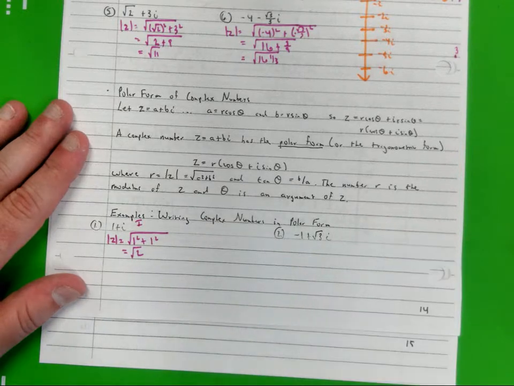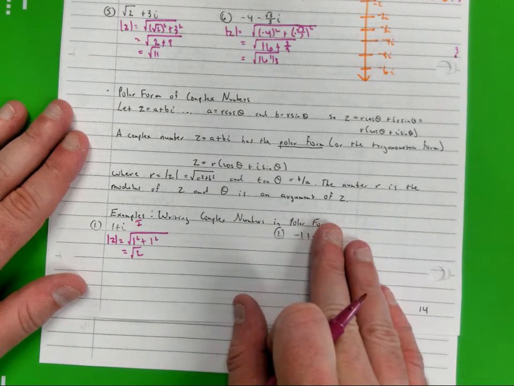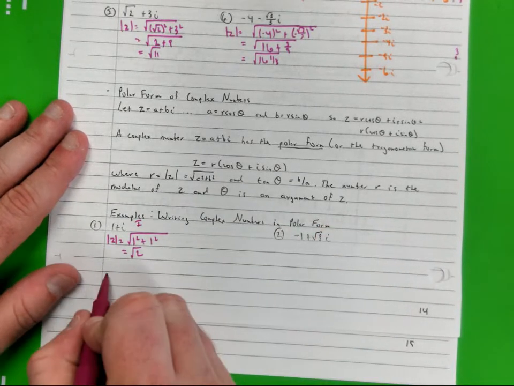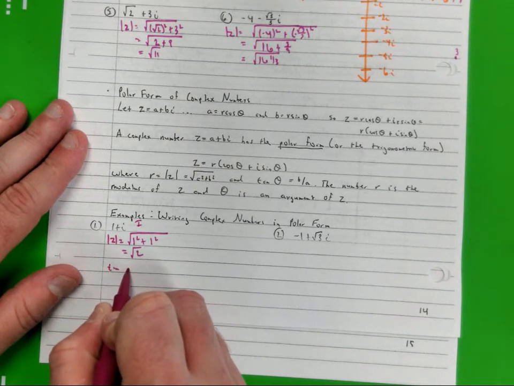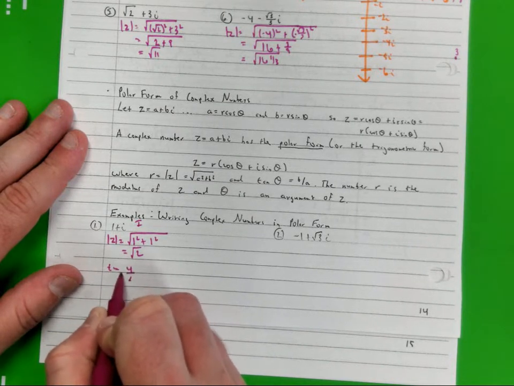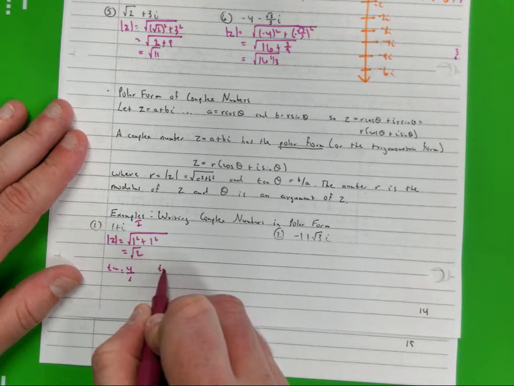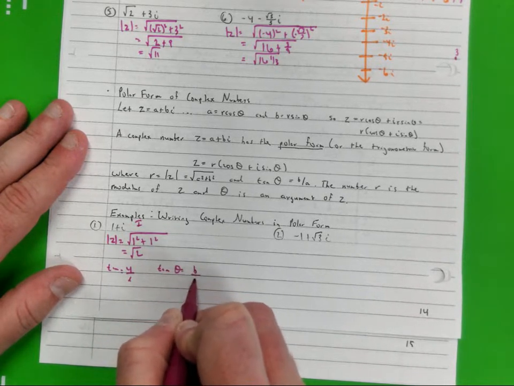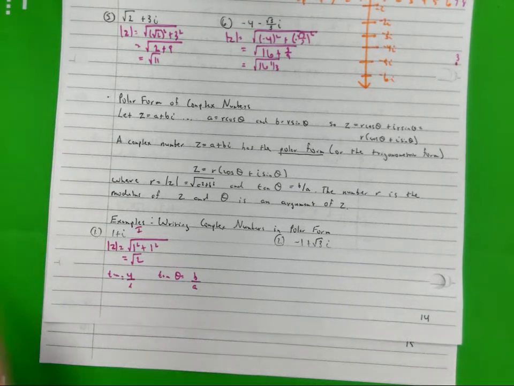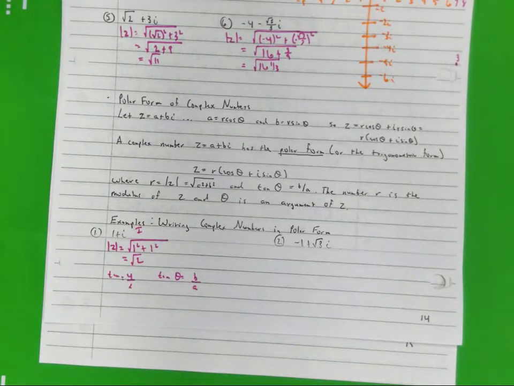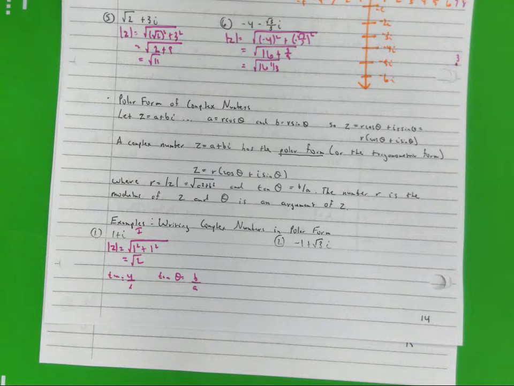Now, tangent. What's the definition of tangent? This is how they tell you to find the angle: tangent theta equals b over a. There are so many different formulas, I just remember this.